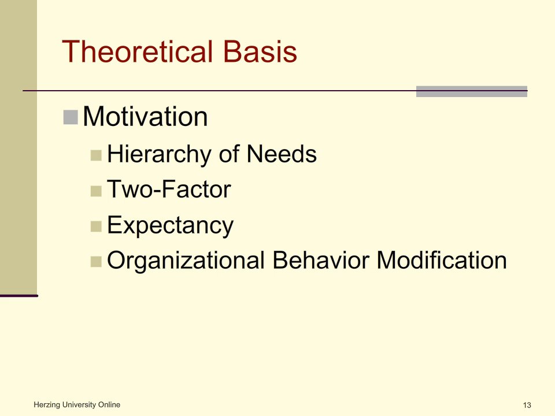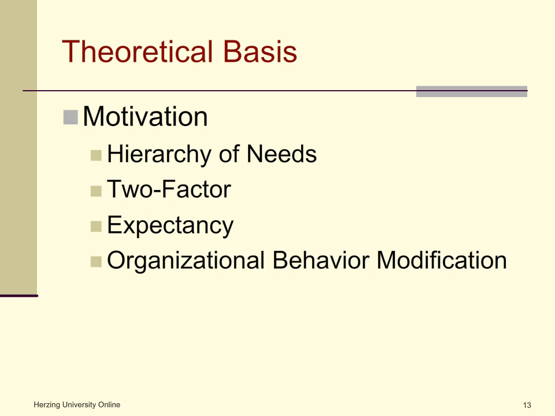In the two-factor motivational theory, the two factors are hygiene factors and motivator factors. Hygiene factors are such things as salary, safety, and satisfaction, while motivator factors are such things as achievements. Those are the two main factors that promote job satisfaction.